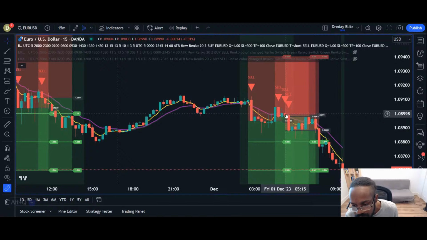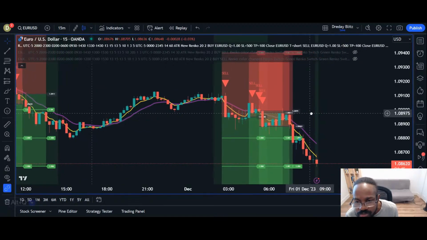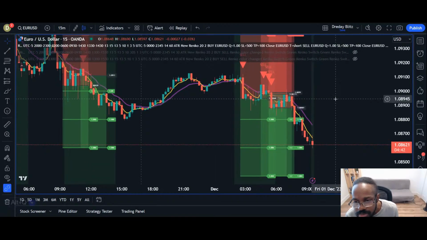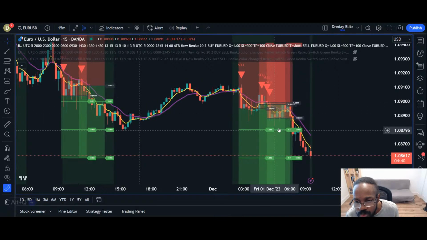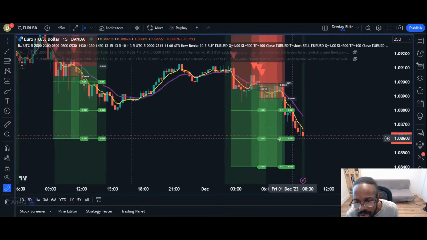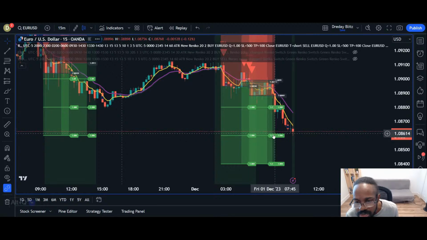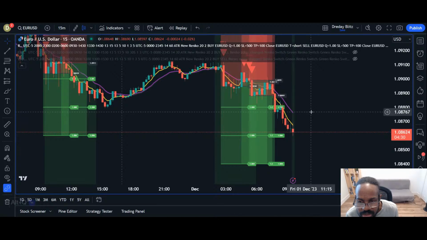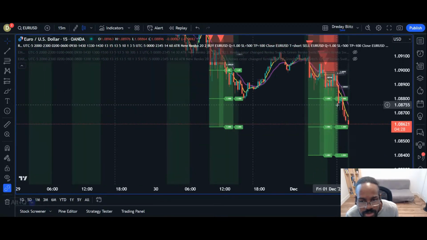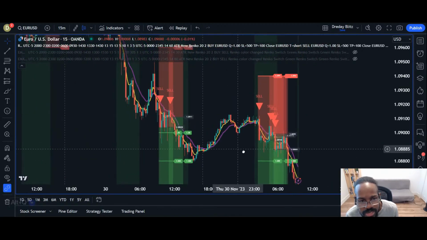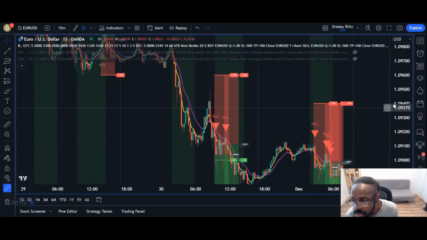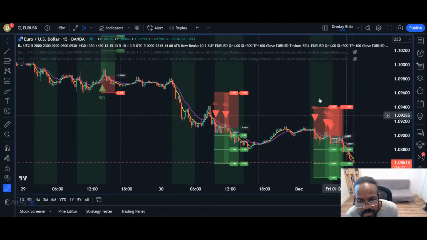Another one at 5:15, and another one at 5:30. So all of them already reached TP1, and now it's going to TP2. It's already reached TP2, basically. Yeah. So TP2 was hit on that candle. So we're still looking for a continuation going down with those trades.